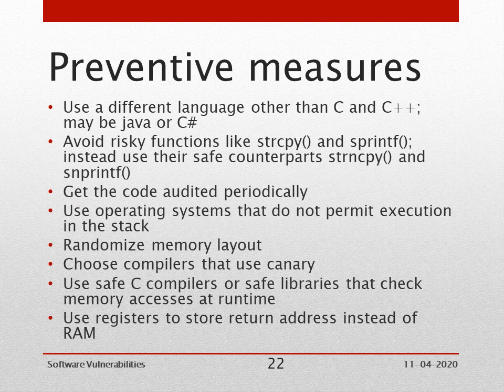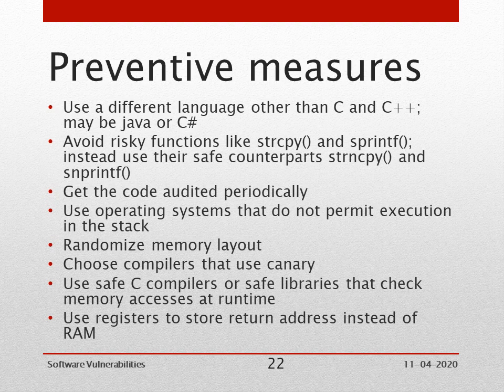Now, at the programming level, we can use a language other than C and C++ in order to avoid buffer overflows, say Java, C Sharp, etc. Otherwise, we can avoid the use of risky functions like strcpy, sprintf, etc. Instead, use their safe counterparts. Or else, we must get our code audited periodically to ensure that software vulnerabilities do not exist.